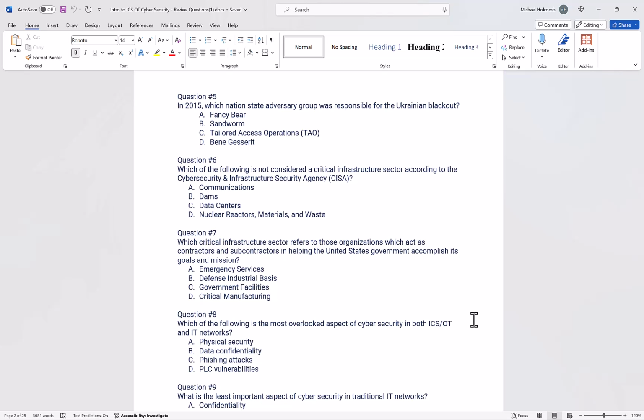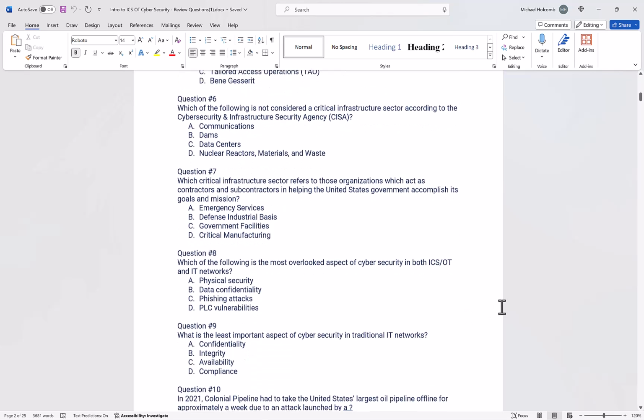But that's the Defense Industrial Base. So it's B. I need to go back and update that. It's the Defense Industrial Base, for government contractors. Again, this is the list for the United States. You would have an equivalent in other countries. They might or might not show up on a critical infrastructure sector list, though.